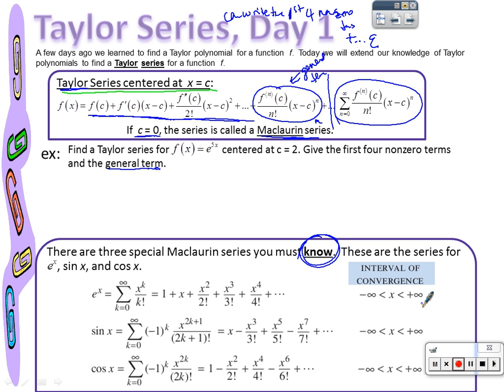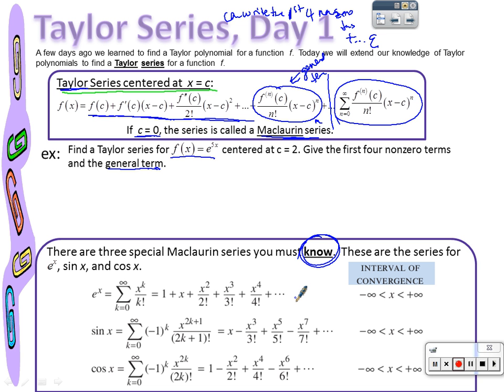So this one we're just going to do like we did the Taylor polynomials. We're just going to make it from scratch. We're also going to learn how to use our memory work right here to make our lives a little bit easier, to create them instead of from scratch by using these as a basis, as our foundation. So those are the 2 things that we're going to look at today.